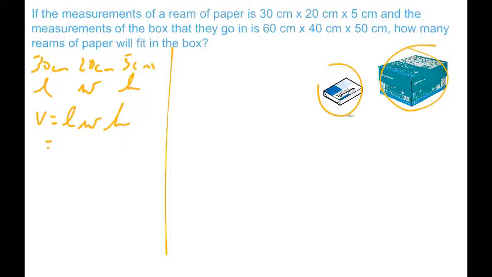So what we were basically doing is finding the volume of that, finding the volume of that, and since we want to find out how many of these fit in there, we're going to take the big volume and divide it by the little volume.